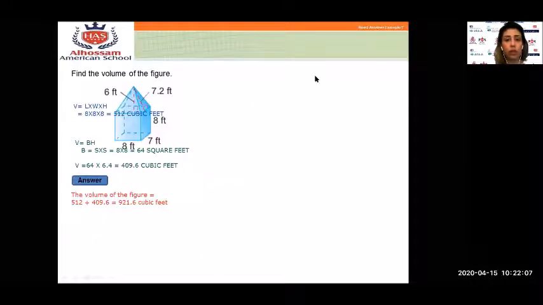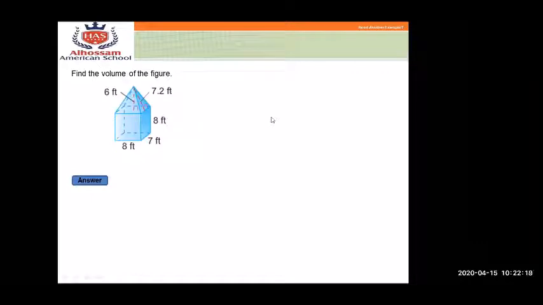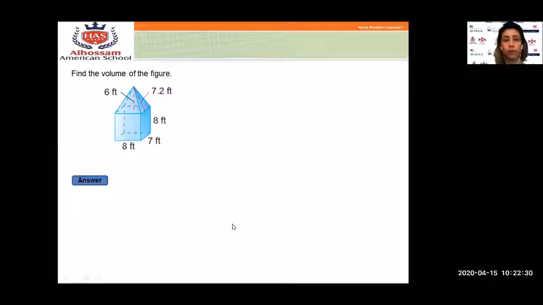So let's start to solve the second one. Find the volume of the figure here. Who will solve? Omar. Yes, start to solve with me.